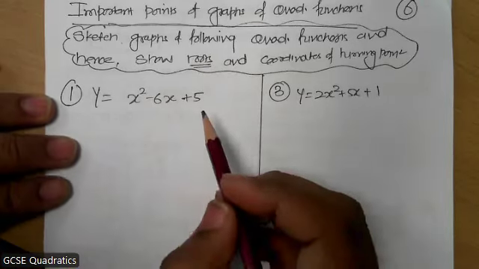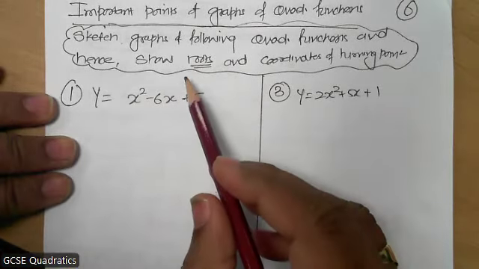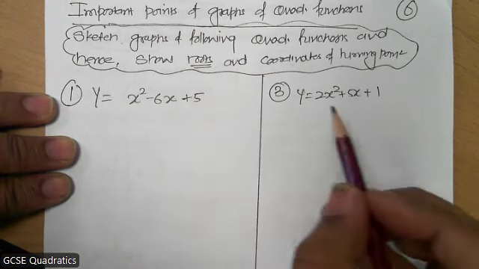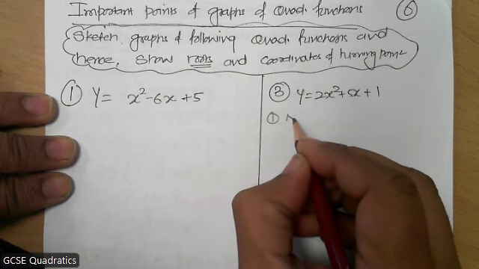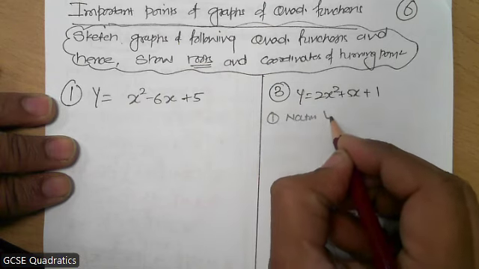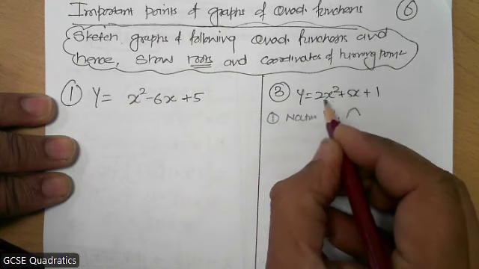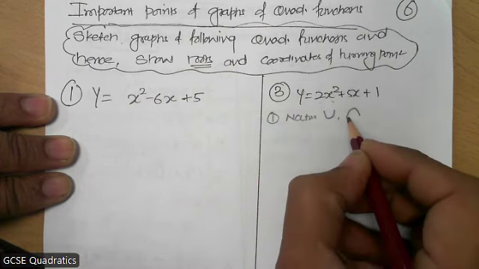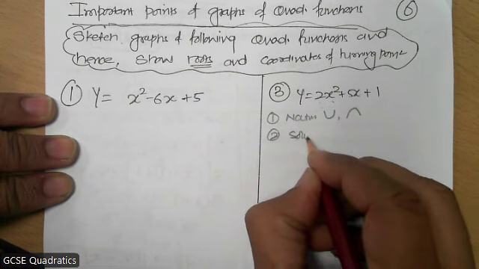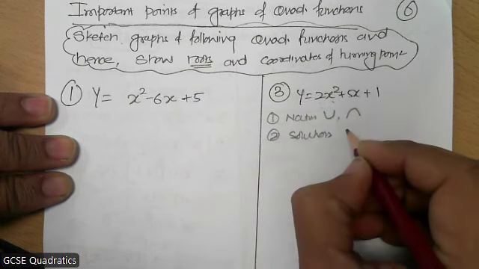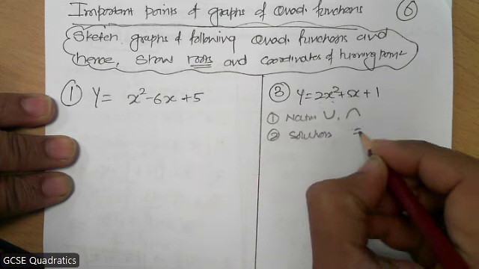All right, at the highest level of GCSE, they ask you to sketch the graph. So what do you need to do for sketching a graph? People, you need to do what? You need to find the nature, which could be a U or an n, depending on whether the x² term is positive or negative. Then you need to find the solutions, which means you solve the equation equals 0.